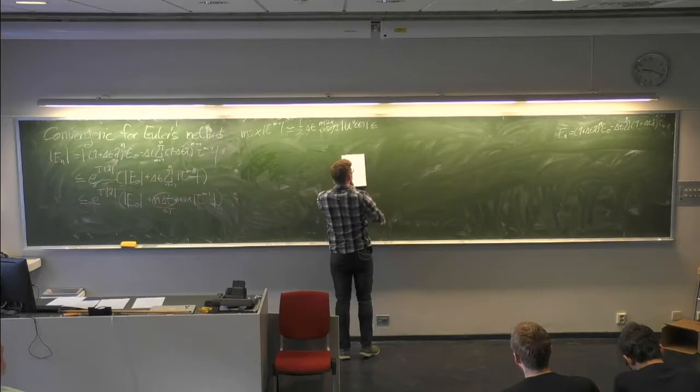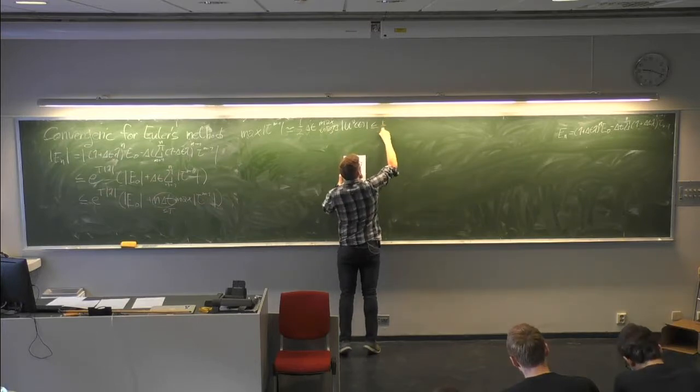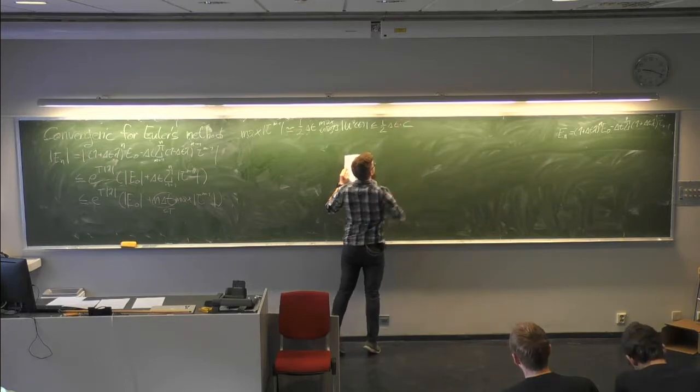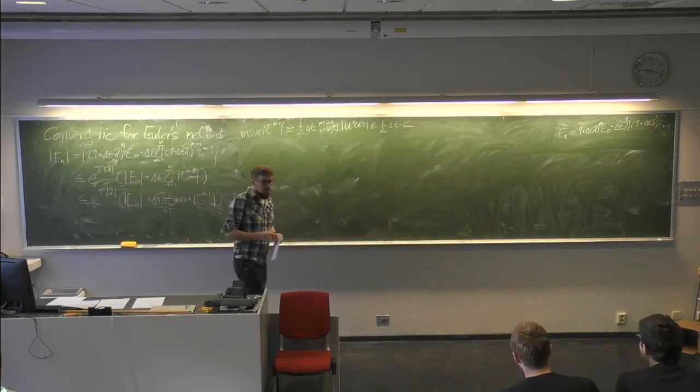And we say that this is lower than delta t times some kind of worst case scenario c, which is just a constant.